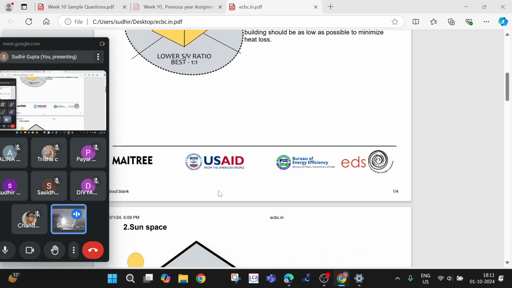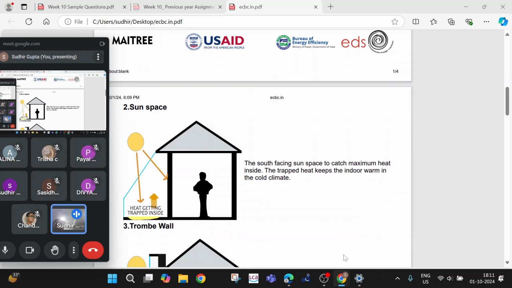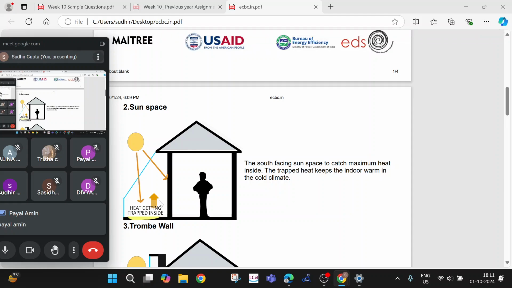The second one it is suggesting is the consideration of a sun space. A sun space is nothing but creating an area where you can trap the heat of the sun. As you all know, south facing is preferred when we try to trap solar energy to catch the maximum heat inside the building.